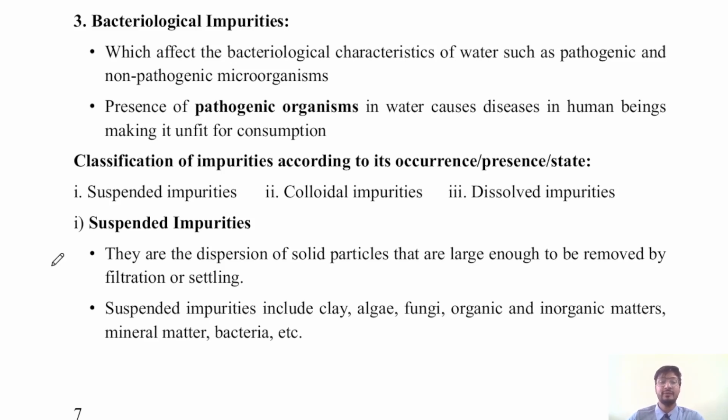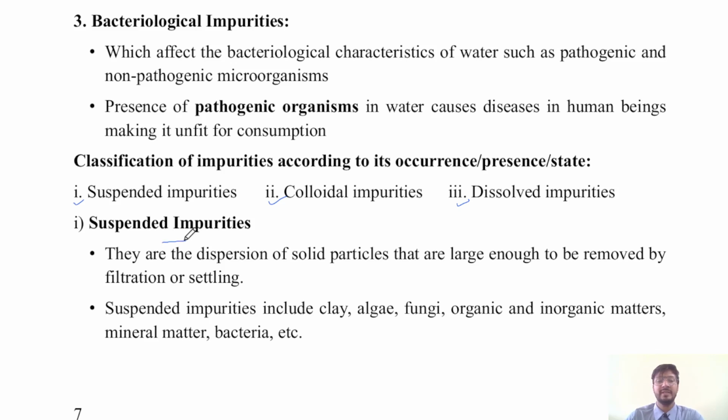Now let's classify impurities based on how they exist in water. This helps us understand how to remove them. First one is suspended impurities, second one is colloidal impurities, and third one is dissolved impurities.